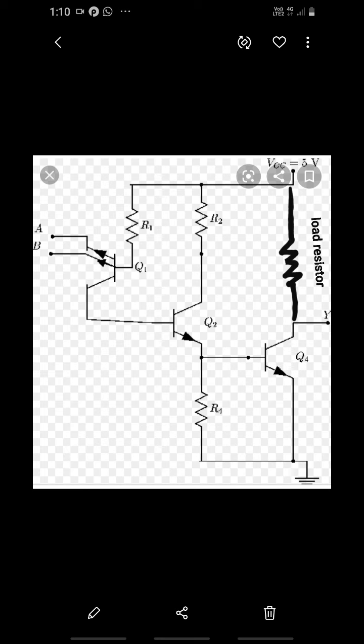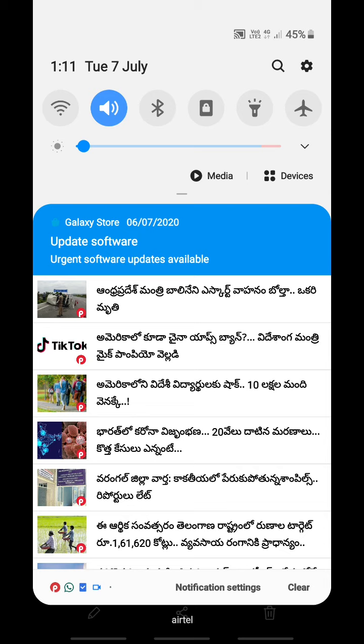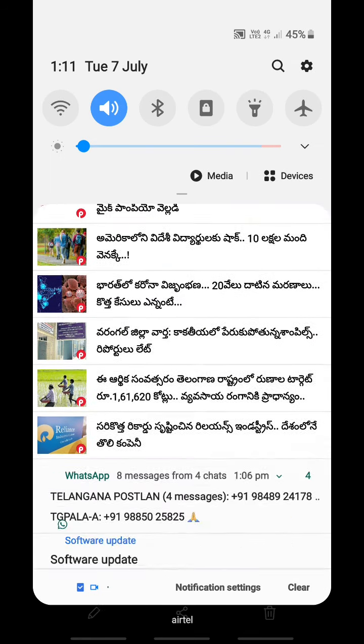There is no current into the base of Q2 and hence Q2 is in off mode. So the emitter of Q2 is at ground potential and it keeps Q4 in the off mode. Therefore the output level will be high if an external load or resistor is connected between the output and VCC. VCC is the supply here.